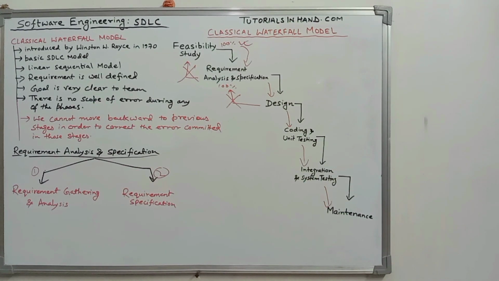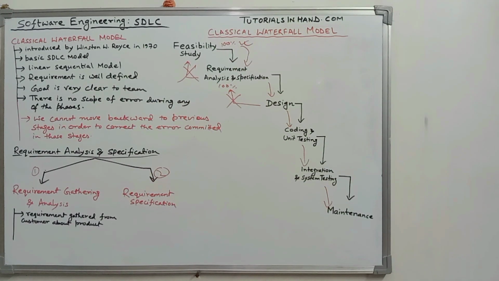In requirement gathering and analysis, first the requirement is gathered from the customer, about the software product that they are trying to achieve. Once that is gathered and talked about from different angles, analysis of the gathered requirement starts. During the analysis, we try to remove any incompleteness, inconsistency, or redundancy.